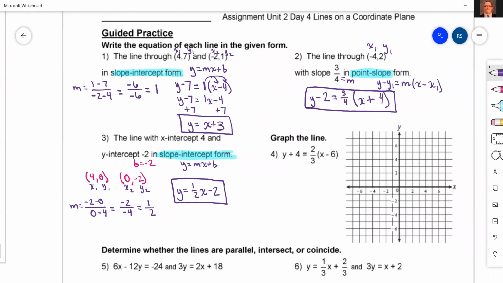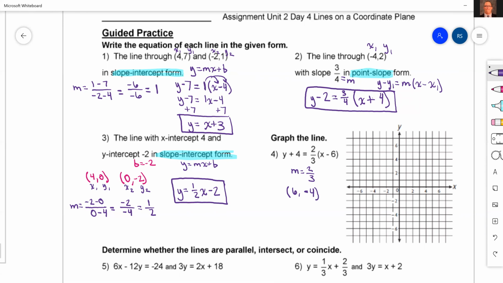Okay, on to number 4. This time they ask us to graph the line. It's in point slope form, so this 2/3 here tells me my slope. And then my point would be (6, -4).